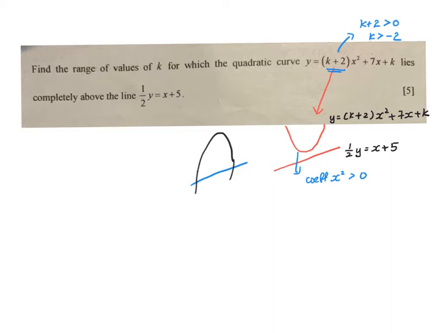Now without further ado, we know that if the curve lies above the line, then solving them simultaneously will not give me any solution. So if I equate k plus 2 x squared plus 7x plus k, which is my y, with the line, which is the same as y equals 2x plus 10, I put the right hand side as 2x plus 10.